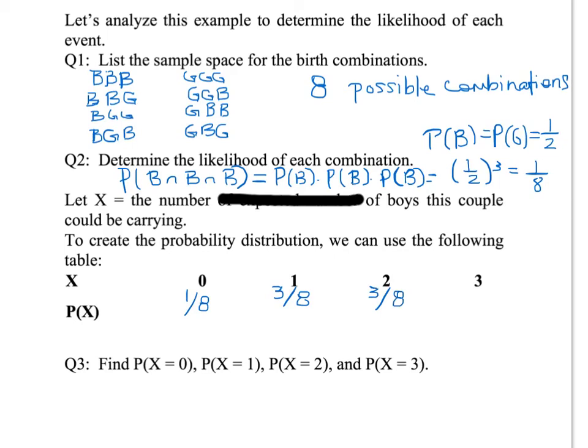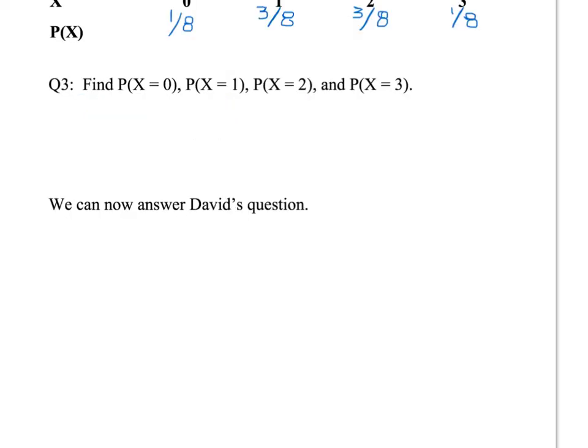And then if I have all girls, that was for 0. If I have all boys, then that only happens in one combination, so that's 1/8. And then if I add all these probabilities together, I'll find that they do add up to 1. So this is a legitimate probability distribution. That answers question 3 for us. And so now we can answer David's question.